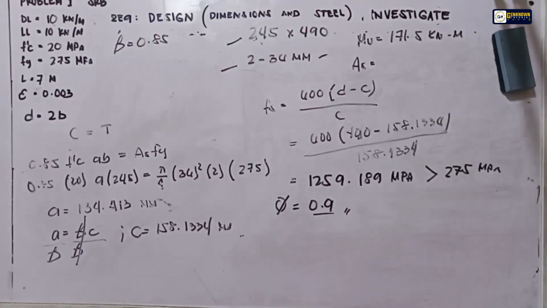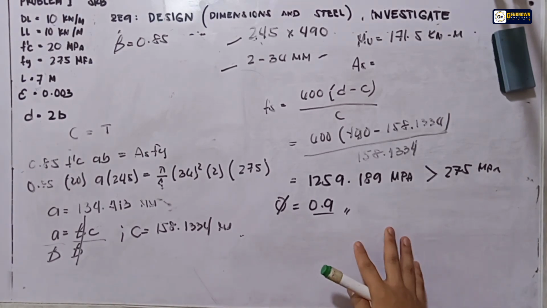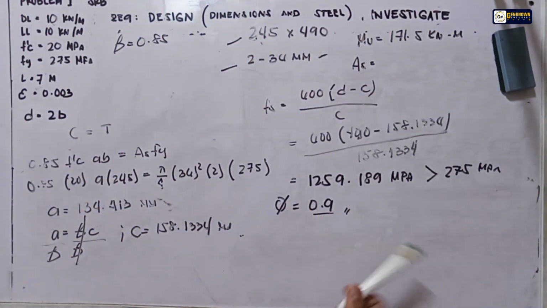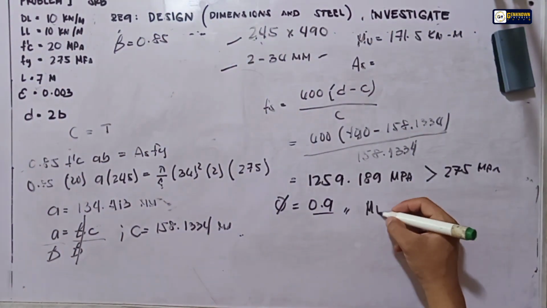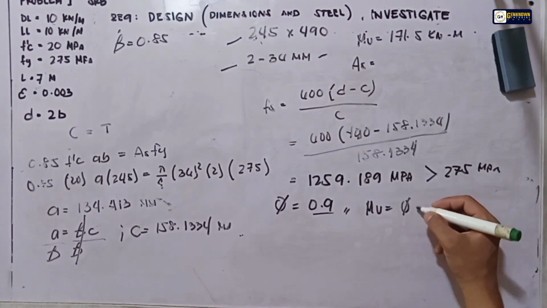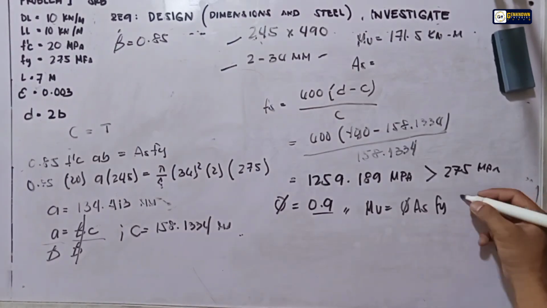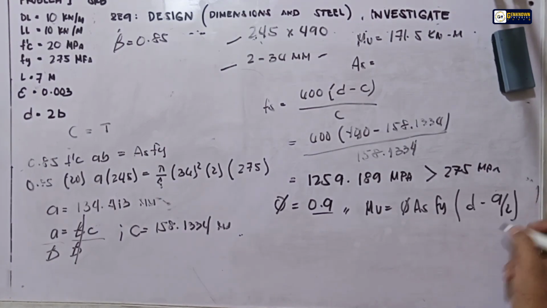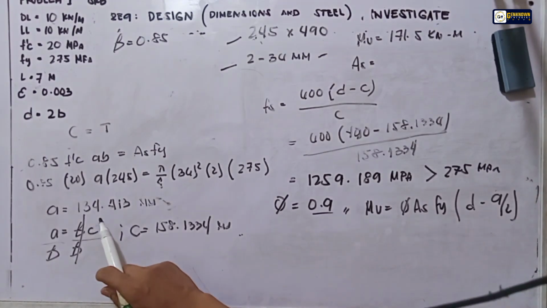Okay? So, ang next na gagawin natin dito is to check if greater ba yung Mu na lalabas as compared dito sa Mu natin kanina. So, we have the formula for Mu is equal to phi As Fy multiplied by the quantity of d minus a over 2. Remember, ang a natin is equal to 134.413.